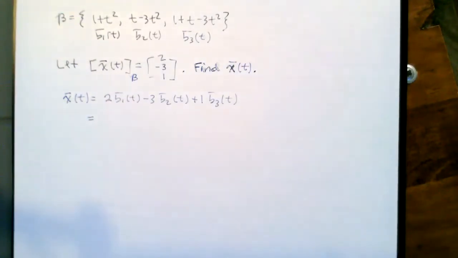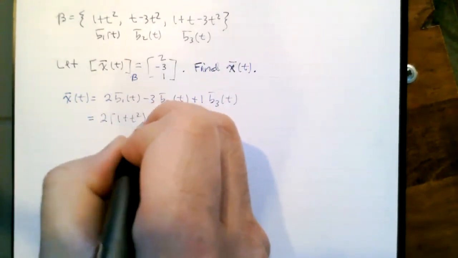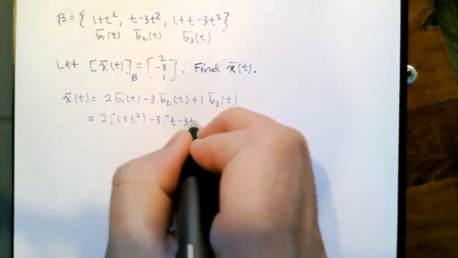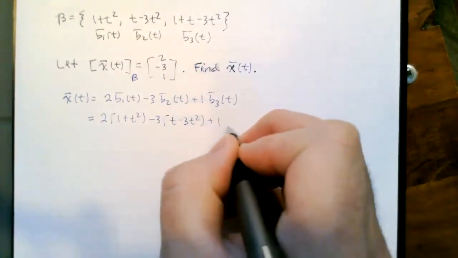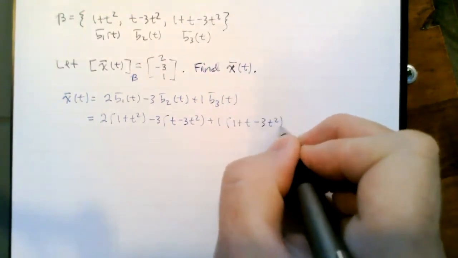So we could do this whole problem in polynomials. It's just 2 of these 1 plus t squareds, minus 3 of the t minus 3t squareds, plus 1 of these 1 plus t minus 3t squareds.